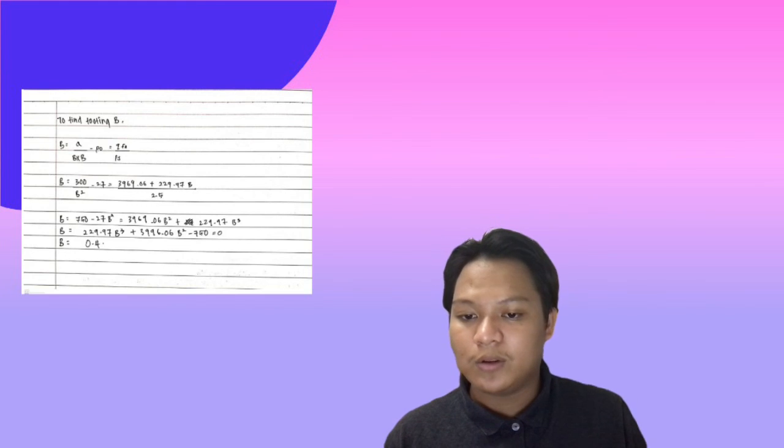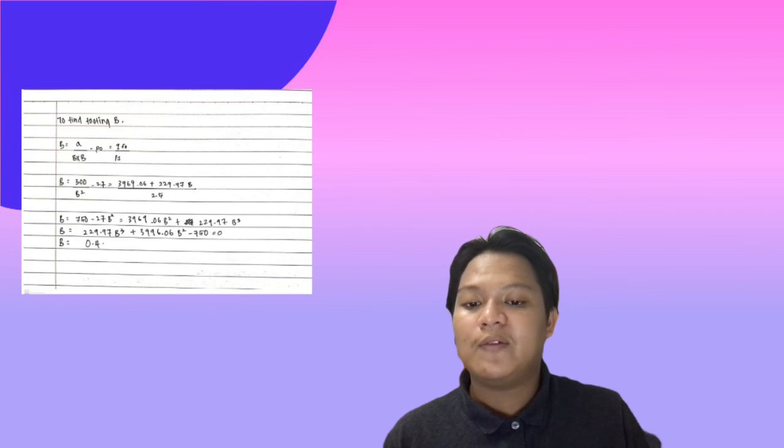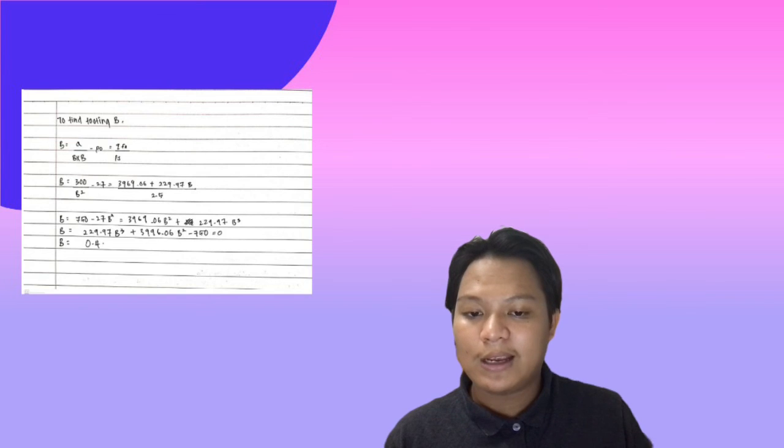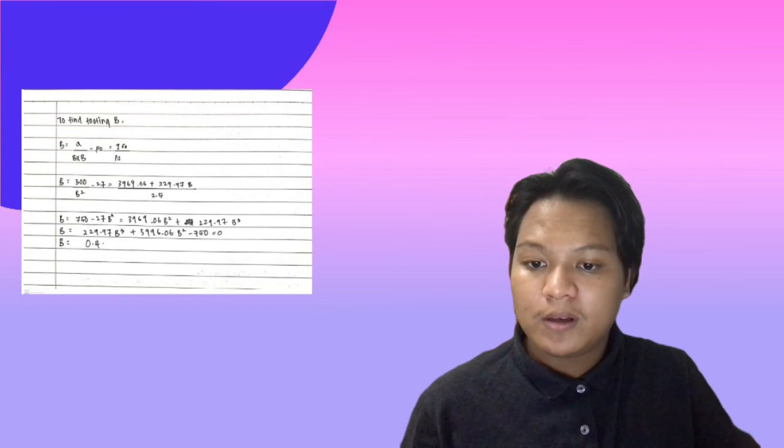So 750 minus 27B squared equal to 3696.06B squared plus 229.97B cubed. So 229.97B cubed plus 3696.06B squared minus 750 equal to 0. So B is equal to 0.4.